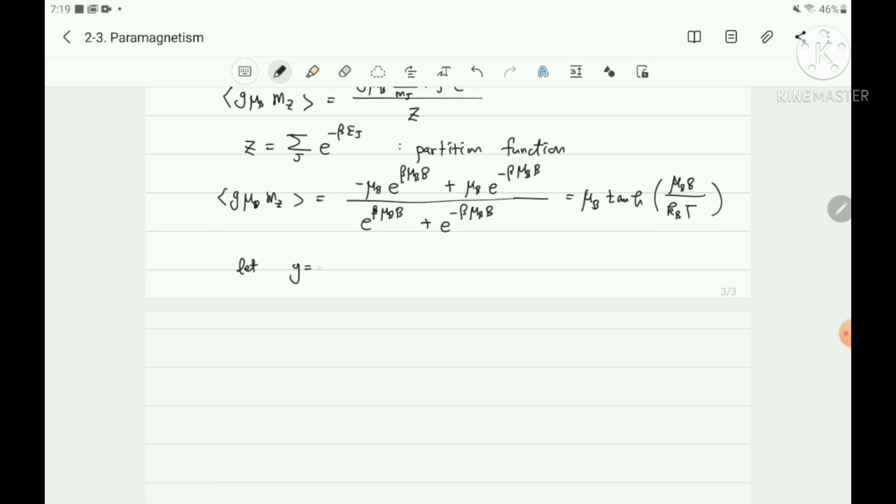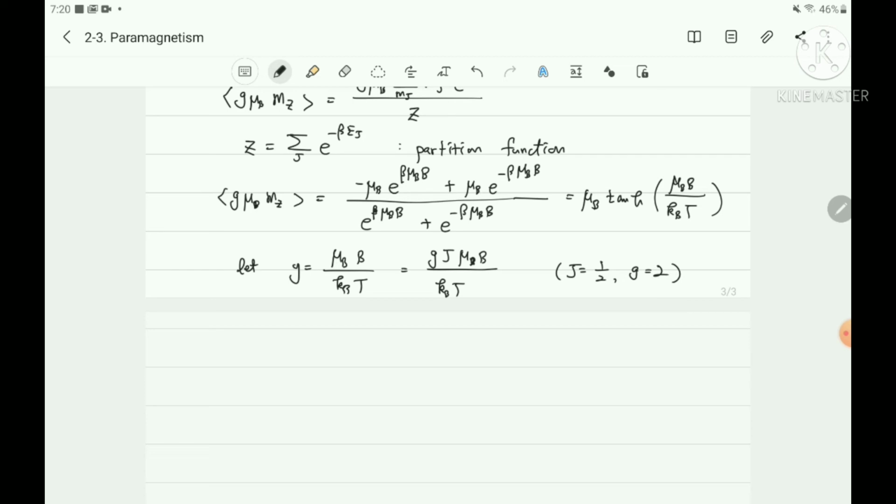Here, let y equal mu B B over kBT. We already defined this previously. Basically, when you write it in full, it is g J mu B B over kBT. This y term comes from J equal to 1/2, and the g factor is 2.